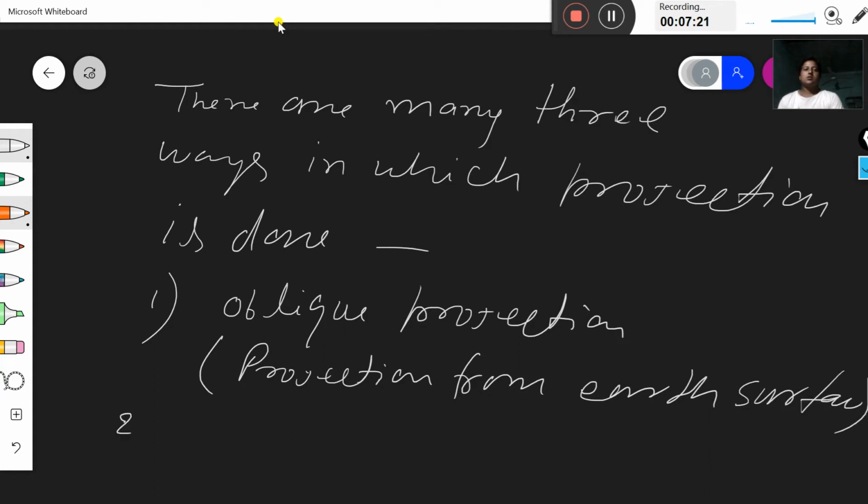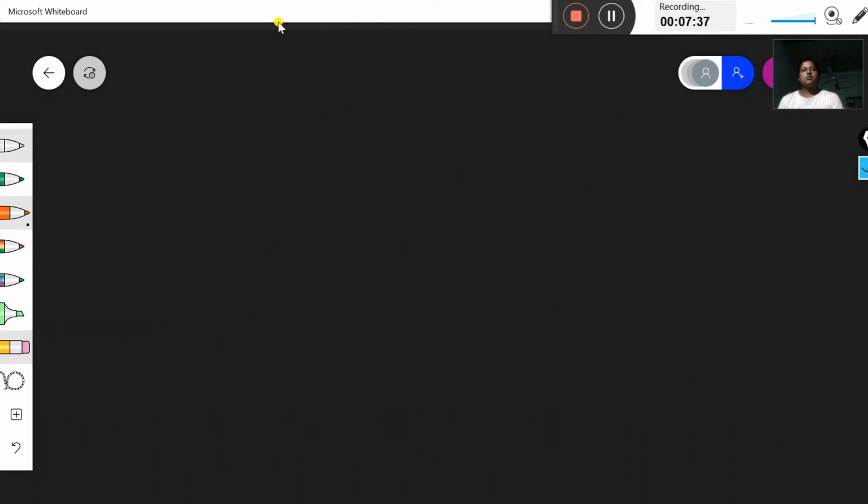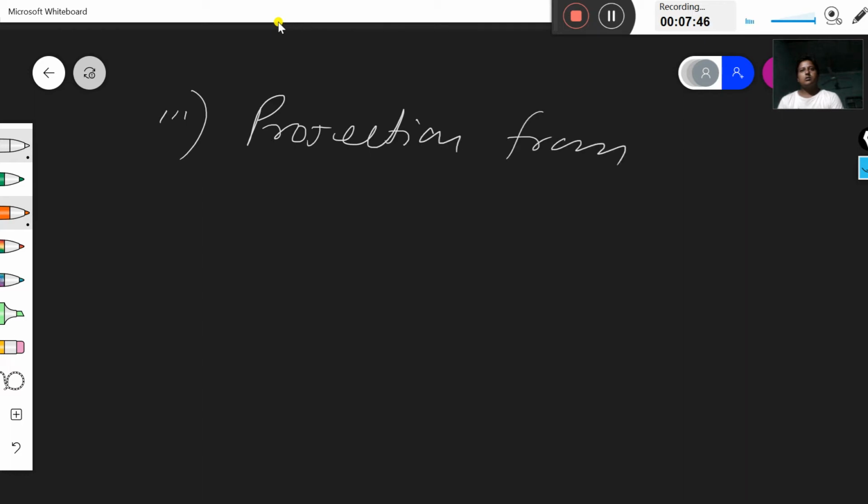Second one is projection from a height. Third one is projection from Earth's surface on inclined plane.